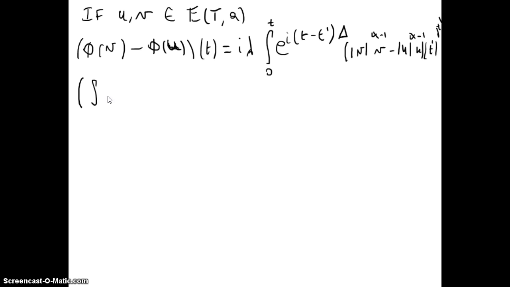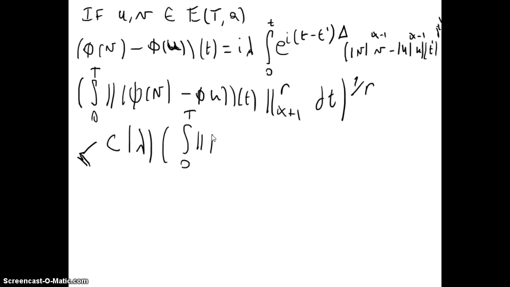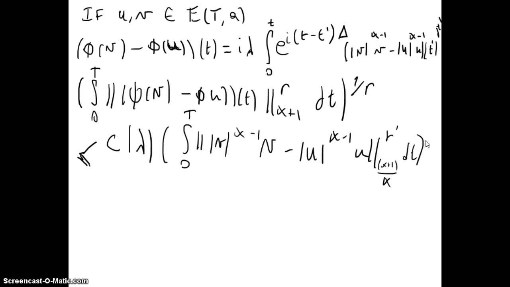Okay, that will be between norms phi v, phi u, at t, L^{alpha plus 1} dt to the 1 over r, and now the same thing that we did before, we will bound this by C absolute value of lambda integral 0 to t of the absolute value of v to the alpha minus 1 v minus u to the alpha minus 1 u, all of this in the norm L^{r prime} of alpha plus 1 over alpha dt to the 1 over r prime.